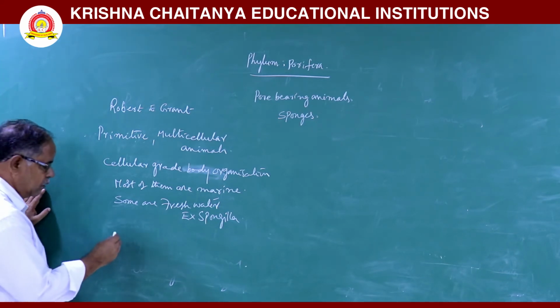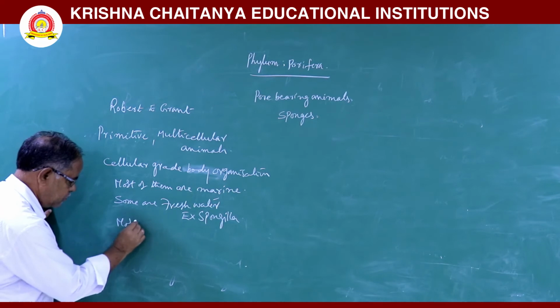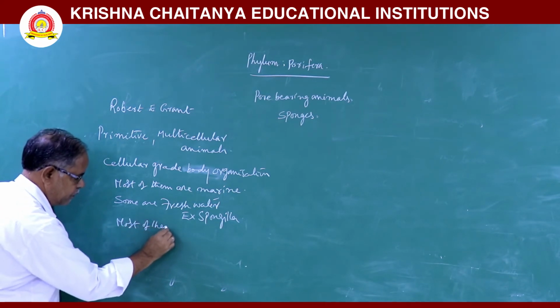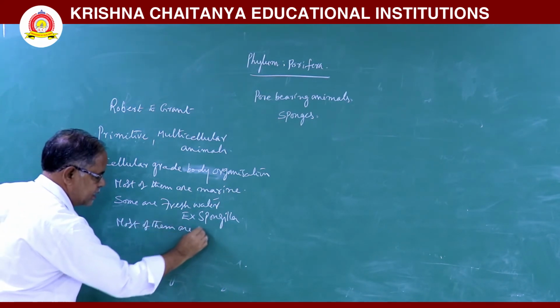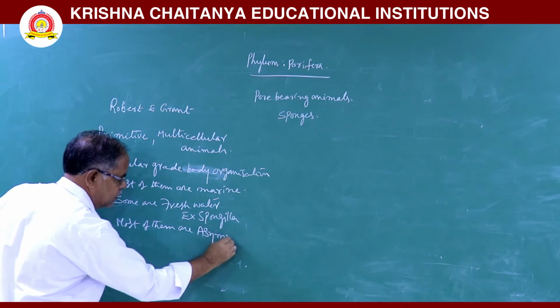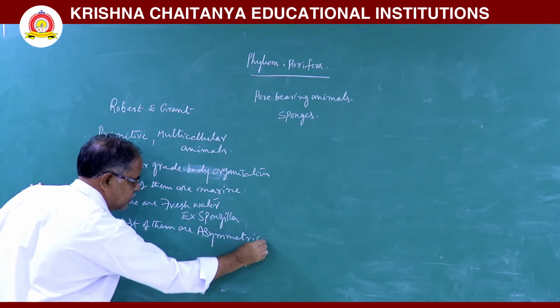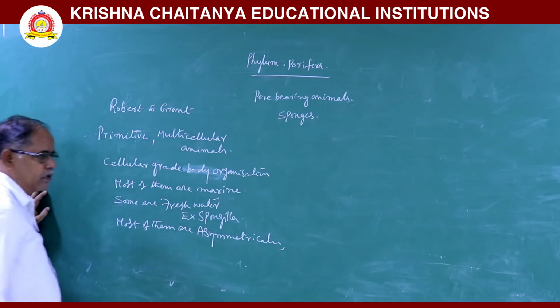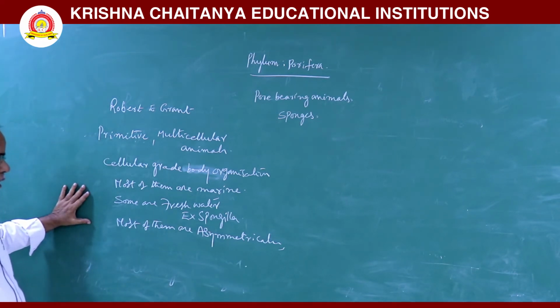Next here, most of them are asymmetrical animals. Symmetry is absent here. In some, radial symmetry is present.